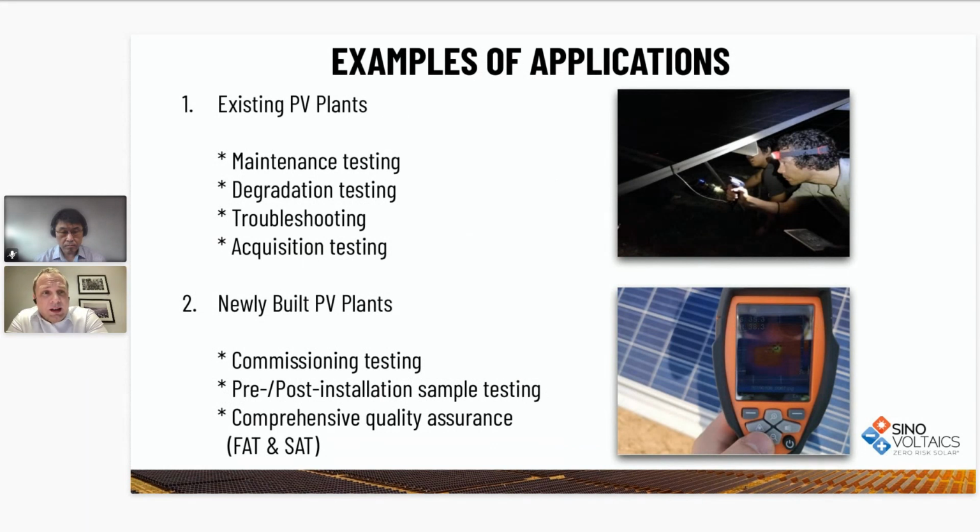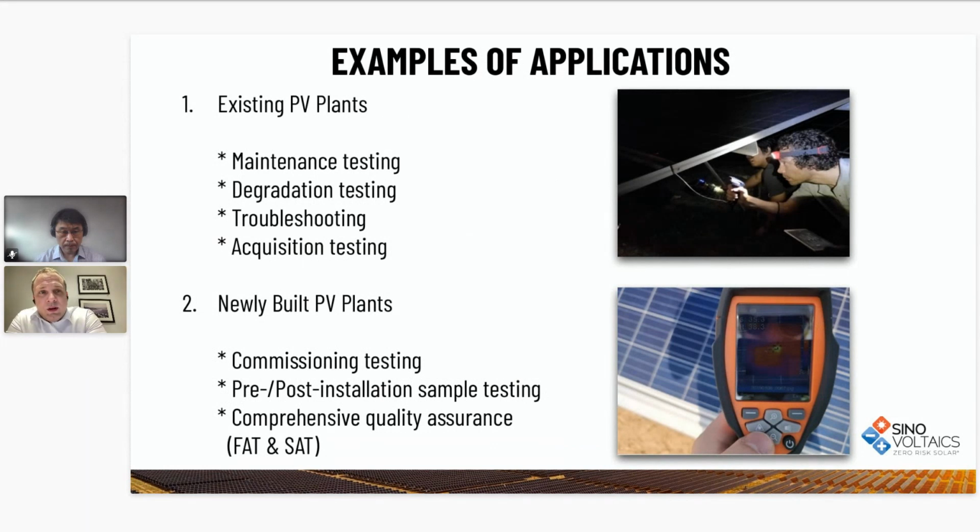And also quite a common and, I would say, major application is for acquisitions of existing power plants, including repowering projects. And then you also have newly built power plants.